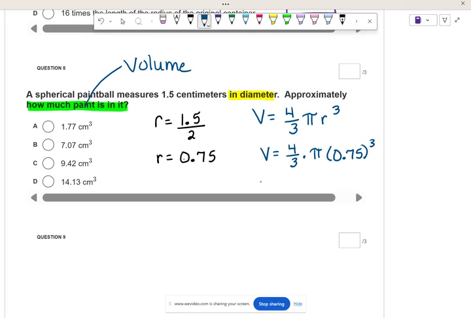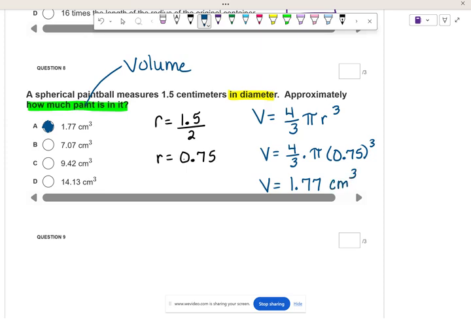And when I calculated that, I got 1.77. Okay, and that answer's right there. I was looking to see how to round, but y'all, it's right there. 1.77 is answer choice A. And the reason it's centimeters cubed is because we found the volume.